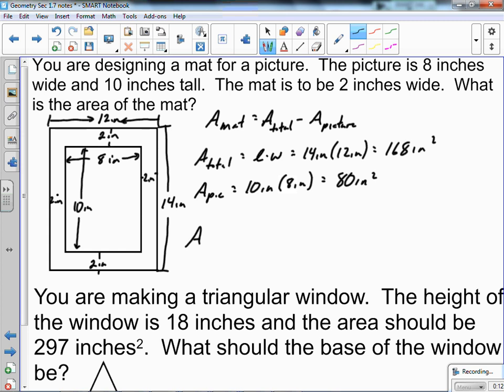So area of the mat, it's going to be the total area, 168 inches squared, minus the area of the picture, 80 inches squared, which is going to leave us with 88 inches squared. And that will be the area of the mat.